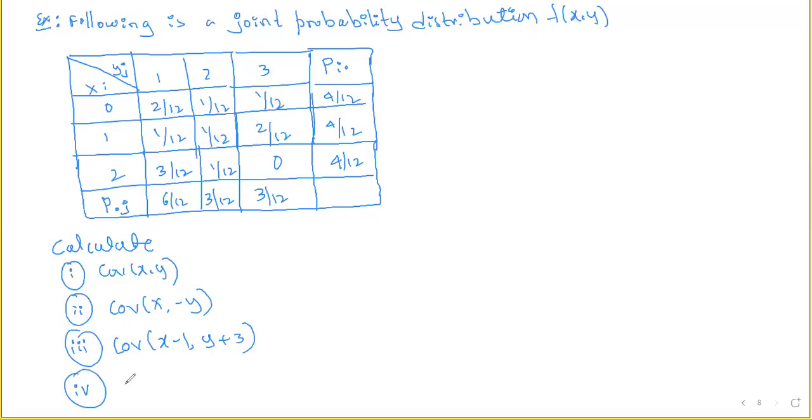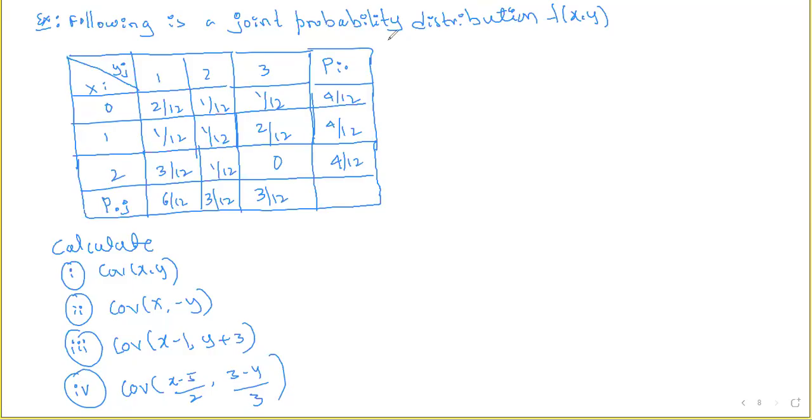Fourth point, covariance between X minus 5 comma 2 minus Y by 3. So now we are going to find the covariance between the given. Right. So here, solution.